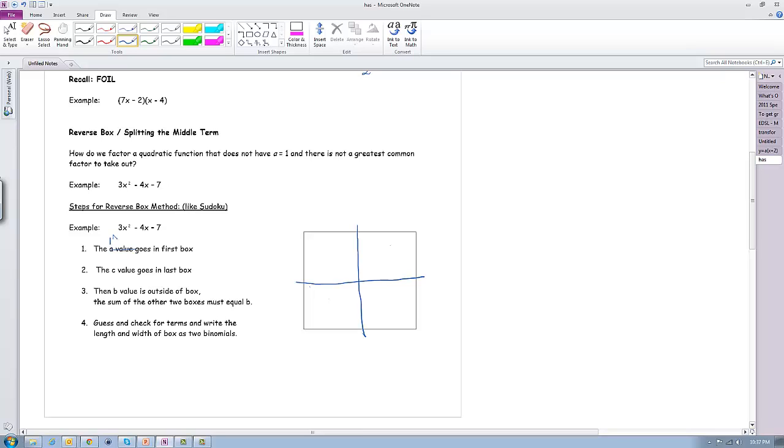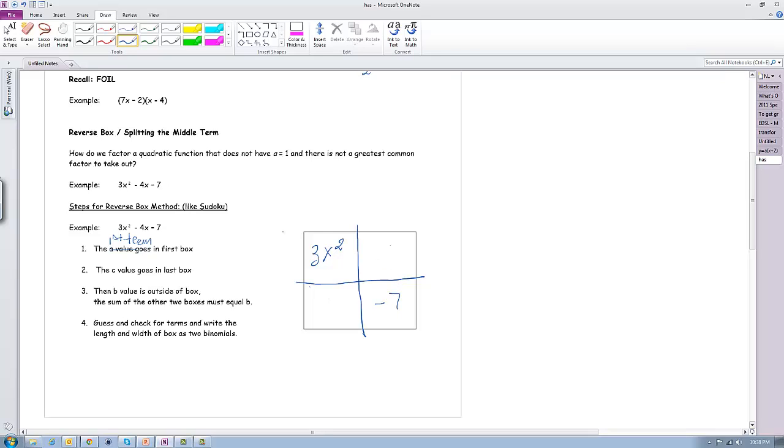The first term of our trinomial goes in the first box. So we have 3x squared here, and then we place our c term, minus 7, on this box.